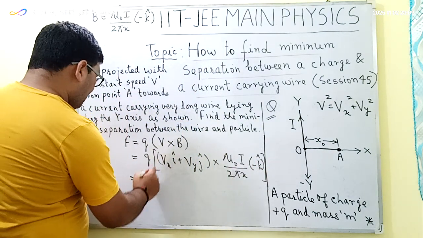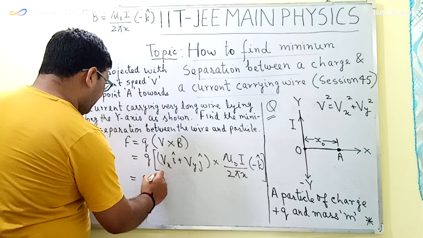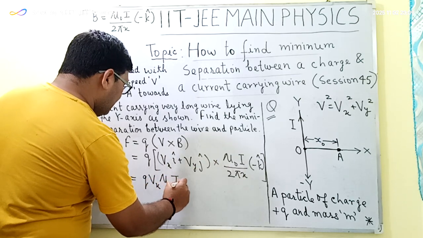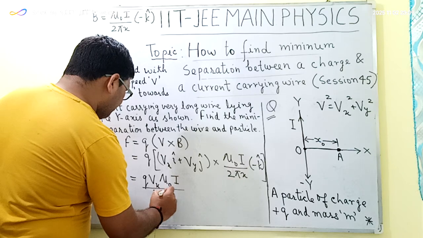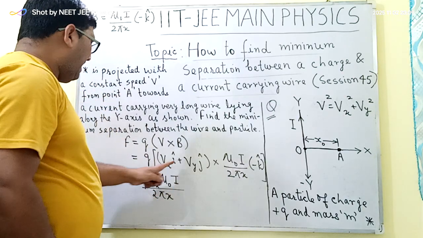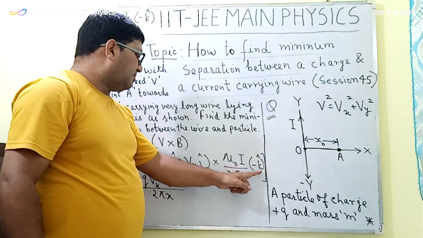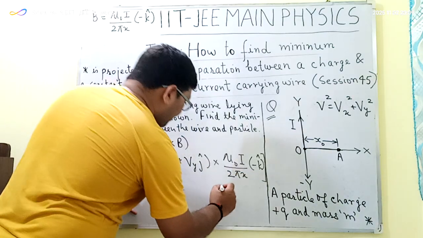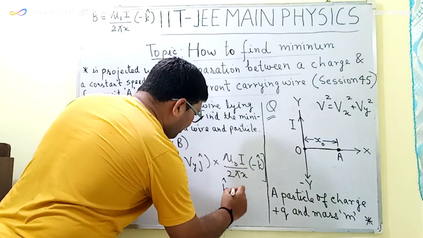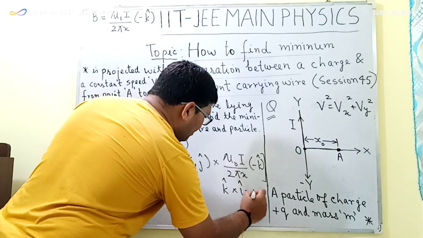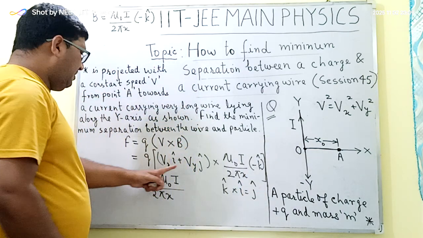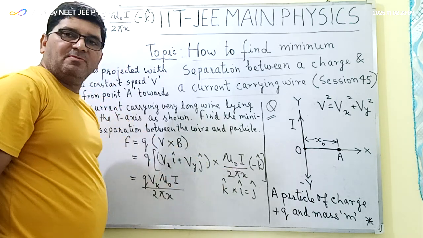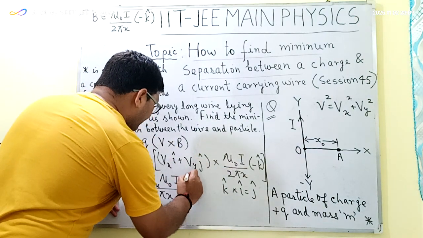So from here I will be getting q vx mu naught I upon 2 pi x, i cap cross k cap, and there is a minus sign. Now we know that k cap cross i cap is equal to j cap, so i cap cross k cap will be equal to minus j. So minus and minus will be plus j. So finally here I will be getting j cap.